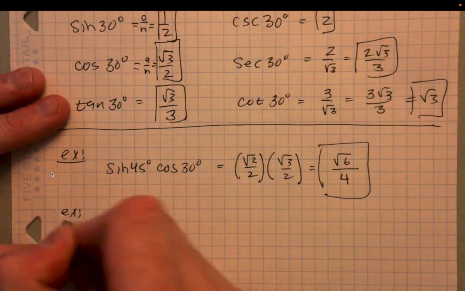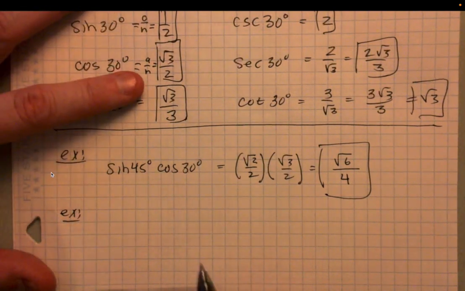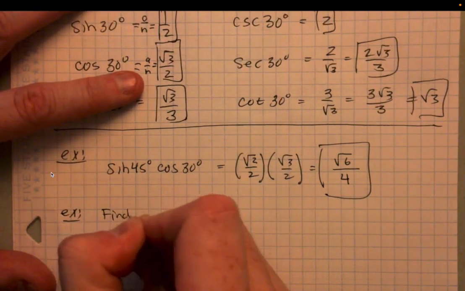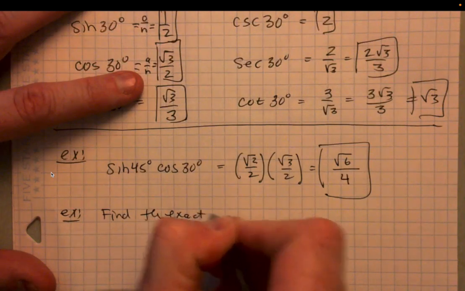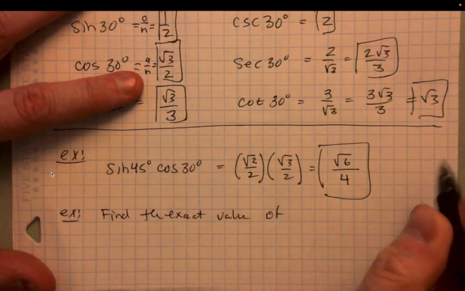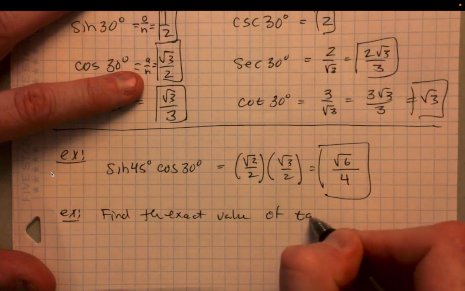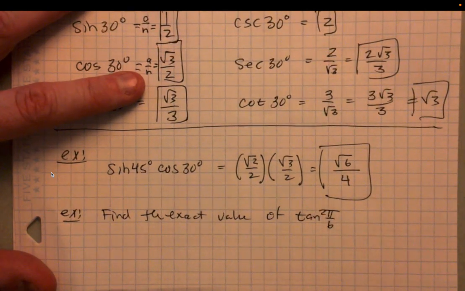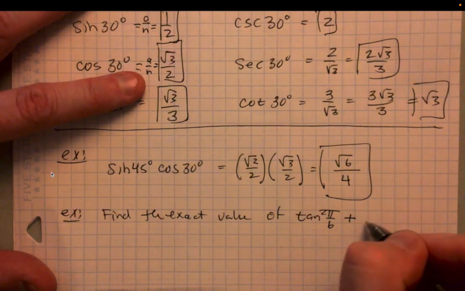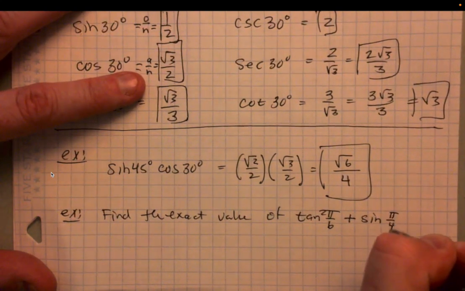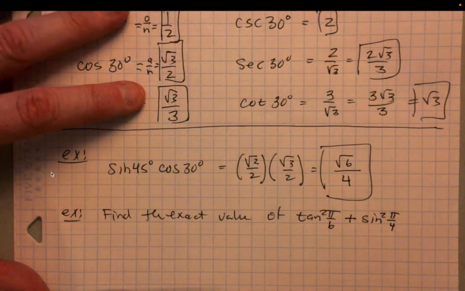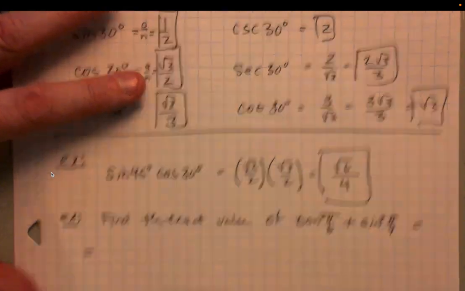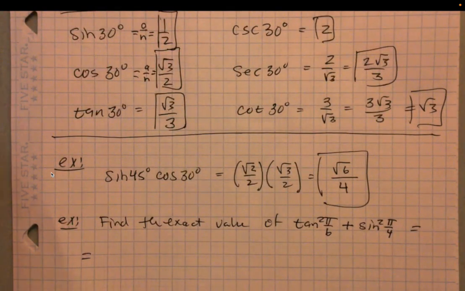Another example, what if we want to find the exact value of the tangent of pi over 6, but we want to square the function, plus the sine of pi over 4, and we want to square that function. Well, again, we can just look up above.